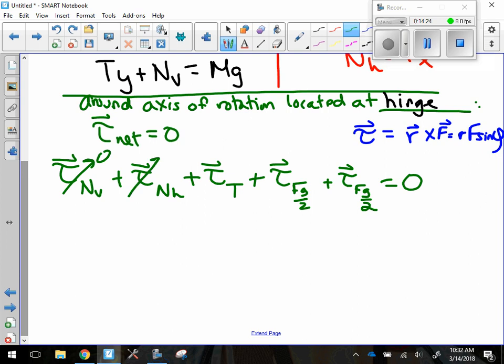Yep, we just said that the torques due to both of the normal forces are going to go away because their moment arm or their R value is equal to 0. And then how about the torque due to the tension? Is that going to be positive or negative?